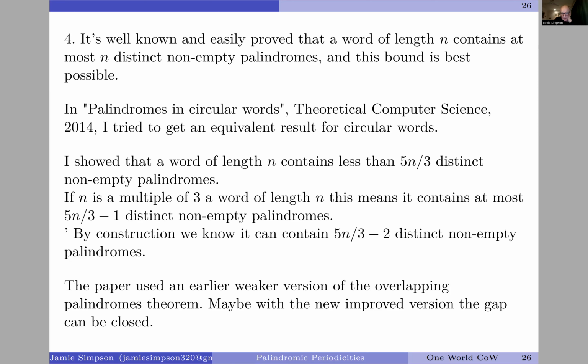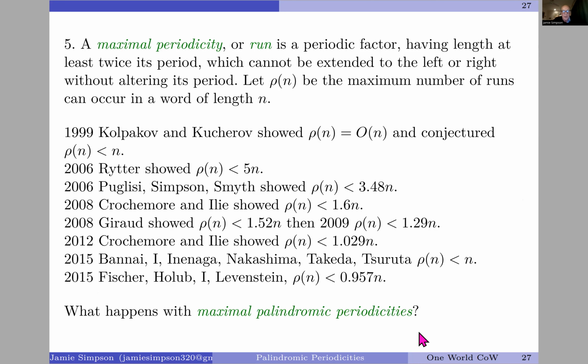And the final thing has to do with maximal periodicities. A maximal periodicity is a periodic factor in a word whose length is at least twice its period, and that cannot be extended to the left or the right without altering the period, or without going over the edges of the word.